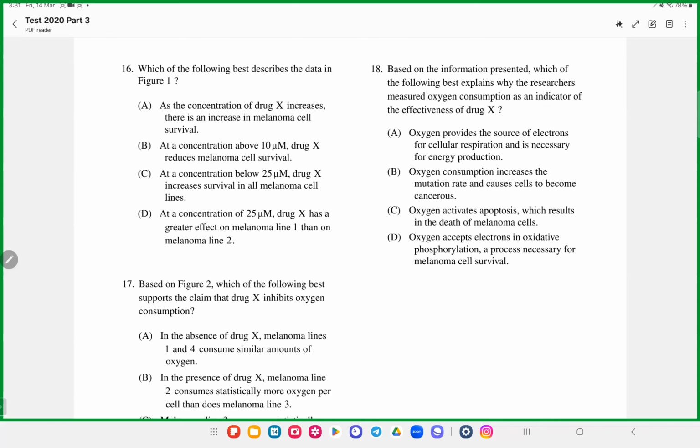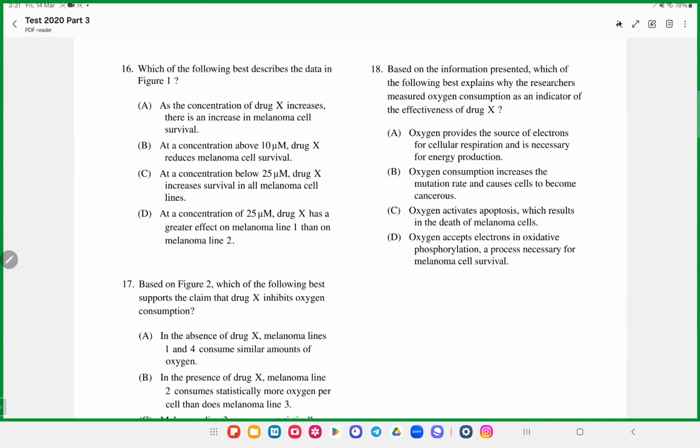Okay. Question. We did 17 to 18, right? Okay. Question 19. A researcher identified a compound that reverses the effect of drug X. So you can reverse the effect of drug X, right? Okay.